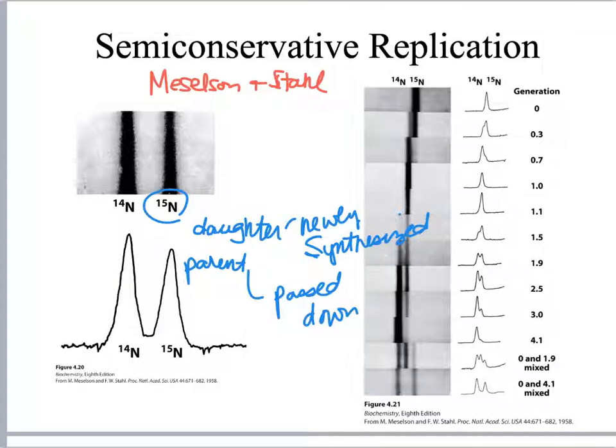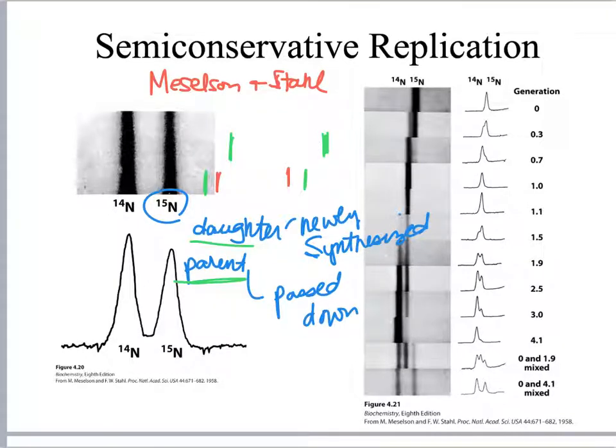To start this experiment, all the DNA, that parent DNA, had nitrogen 15 incorporated in it. Then we took that DNA and put it in a medium that had nitrogen 14. As it replicates and you're moving through generations, if you have a parent strand that splits and you're forming daughter strands, the next generation you have one parent and one daughter.